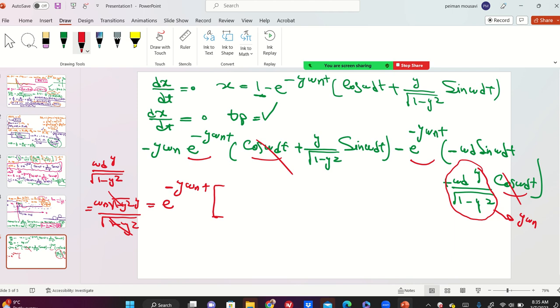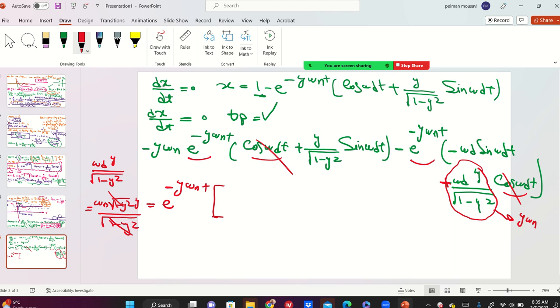Everybody agree? Yes. See what I have done? First, let me double check everything because I'm deriving with you. Cosine omega d t. Yeah. So omega d zeta. Yeah. So see, zeta omega n cosine here is plus, minus zeta omega n cosine.